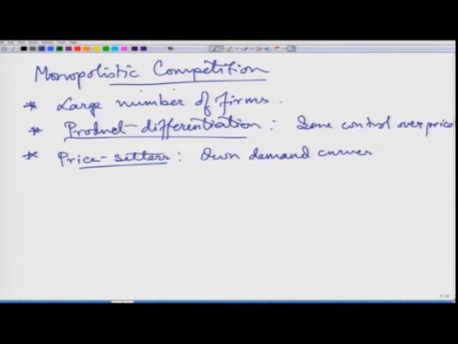My Colgate paste has salt, or that Colgate paste has neem, and they say your teeth may need salt or neem. They show that a doctor has recommended it, so I go for that, and that will have differential prices.